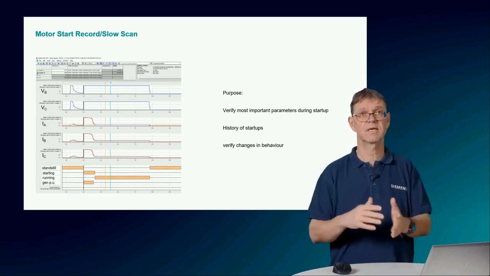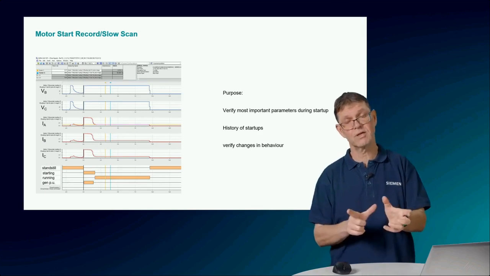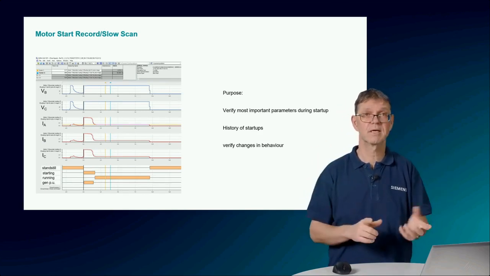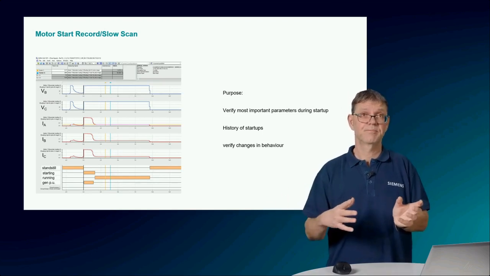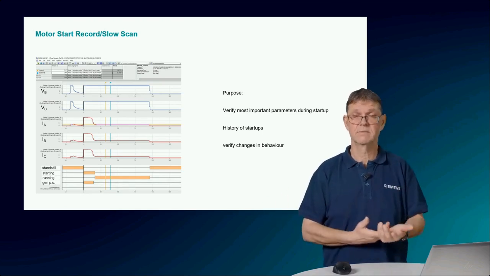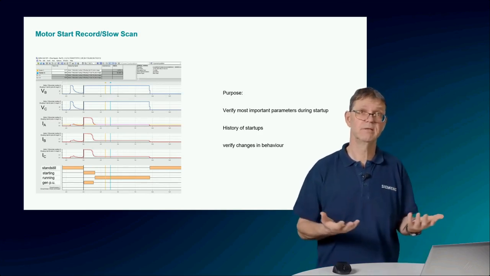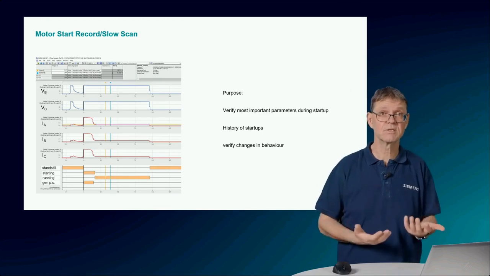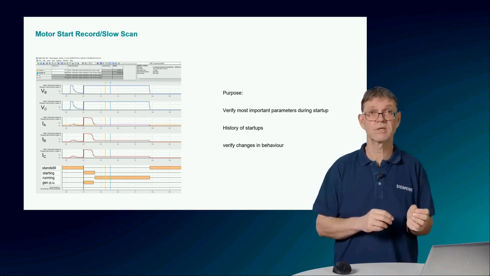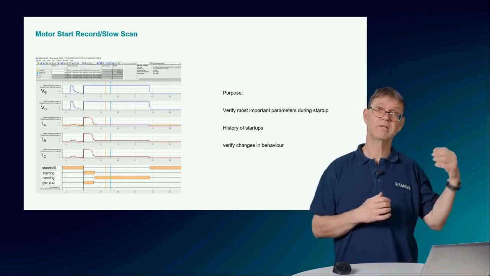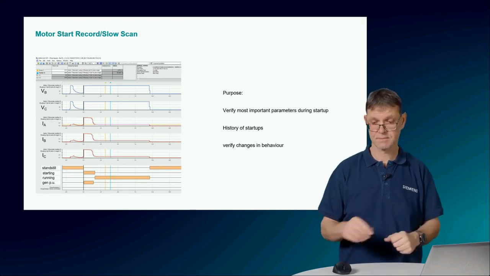And depending on the sampling frequency for these measurement values, if you take just 1 cycle or 5 cycles, which is something like 100 milliseconds or longer, you can store more or fewer records here. Generally you see numbers like hundreds if you go into the DIGSI when you make the settings for this slow scan. That means over a relatively long time you can see if there are changes coming from the past.